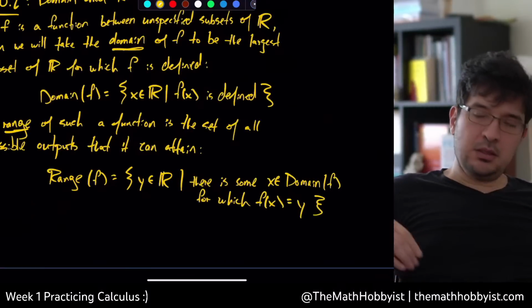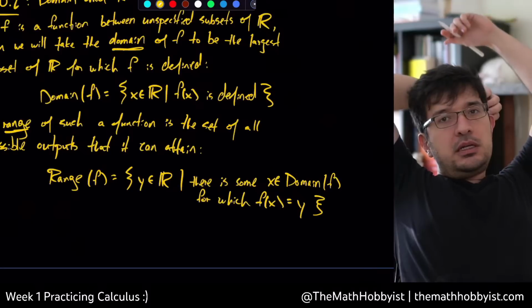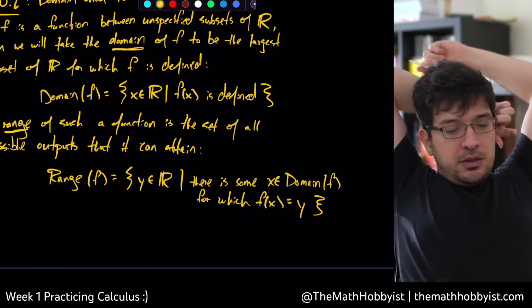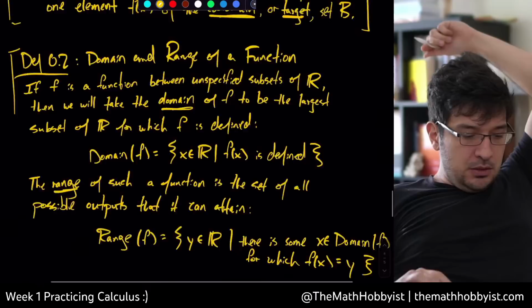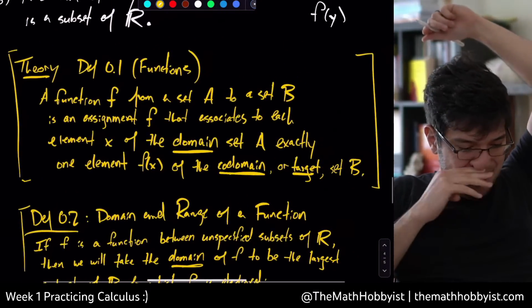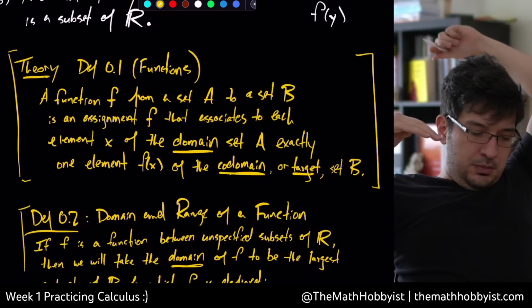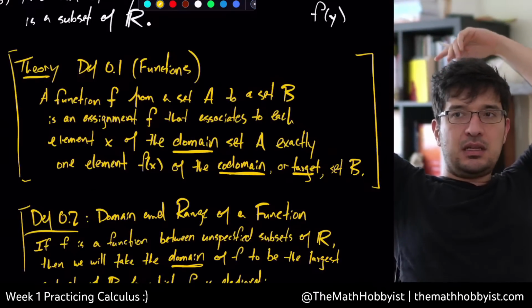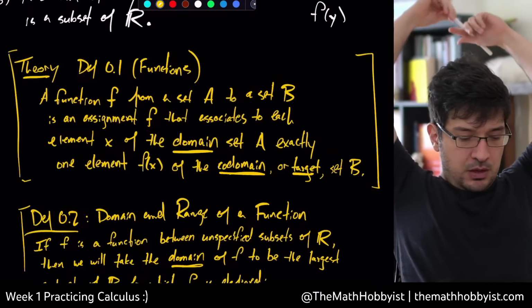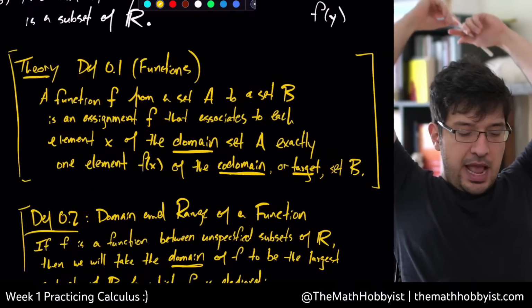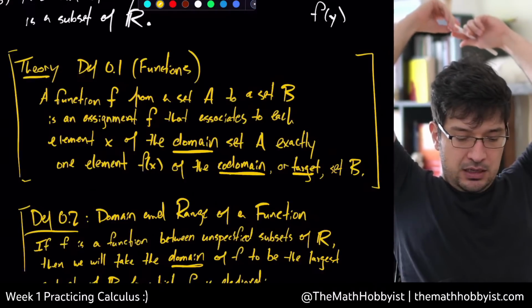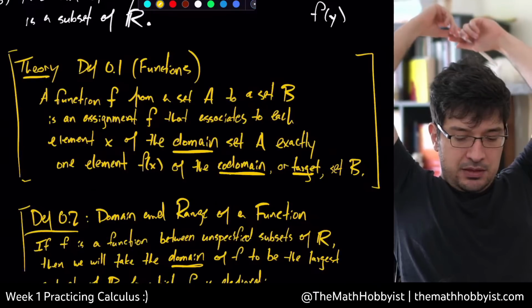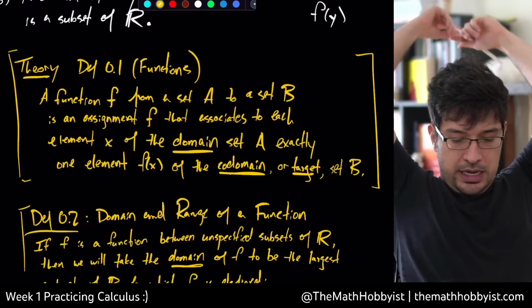Okay. So this is what I did earlier on my own when I was ad-libbing all of this introduction to functions. You need to define a function being a mapping or a rule or an assignment. I like the term assignment, from some set A to some set B, and you call A the domain, you call B the codomain or target.